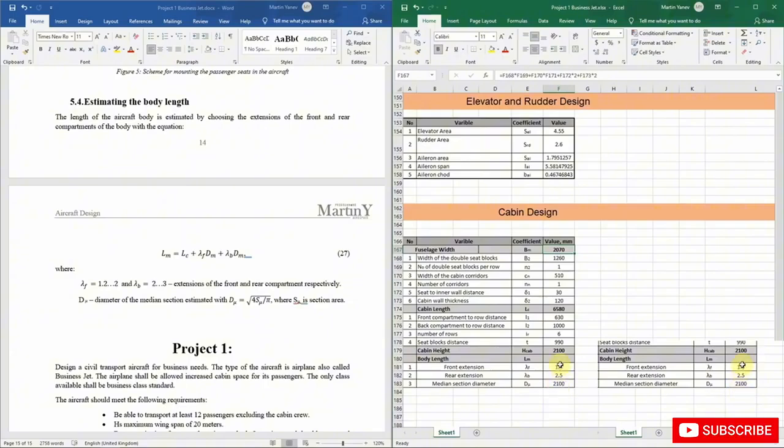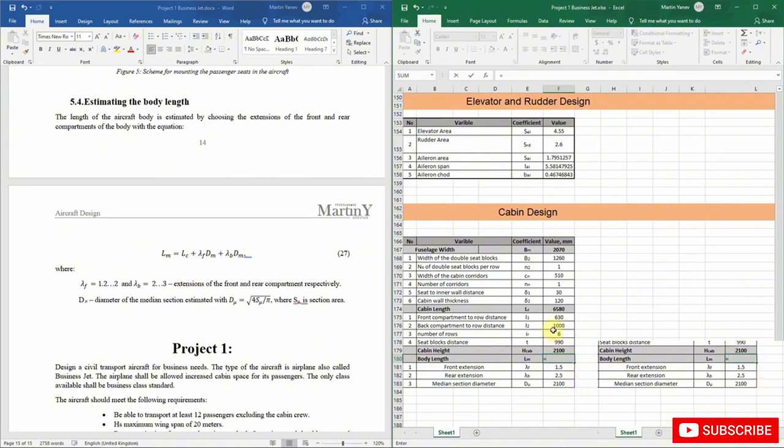Even though they usually should be absolutely the same, we're just taking some measures in order for our project to have additional safety precautions. So finally we can estimate the body length, and the body length, guys, will be equal to this equation here.